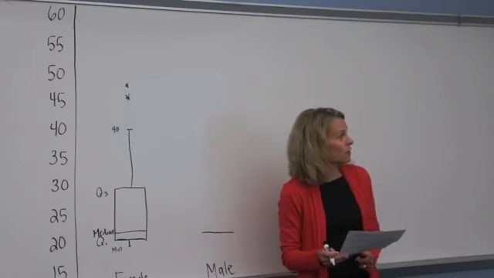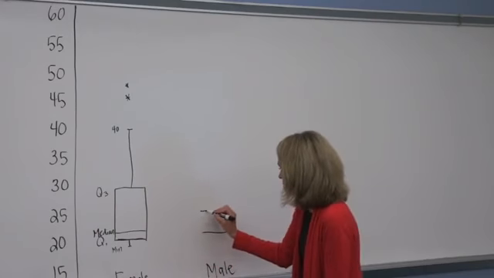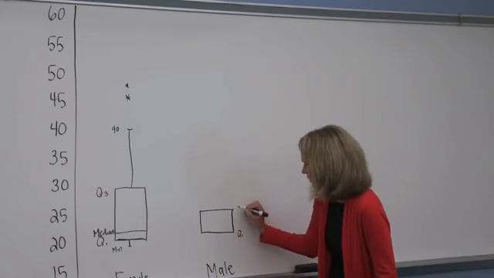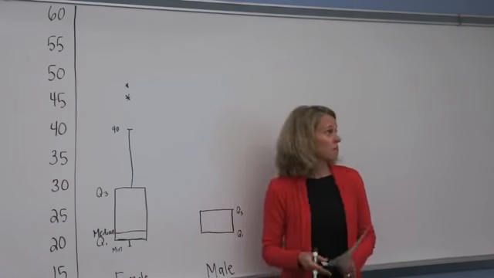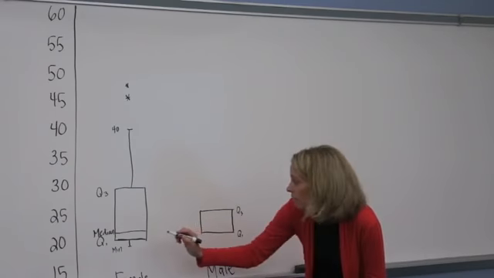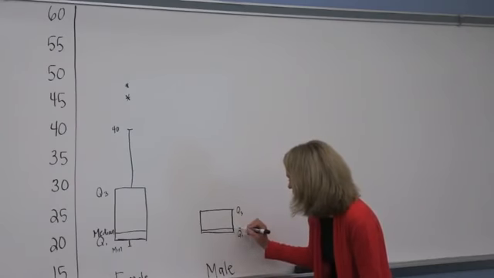And Q3 was 22. So if I approximate about where 22 goes, it's about right there. So again, this is Q1, this is Q3. The median for the set of male data was 19.5, so just barely above 19 there.